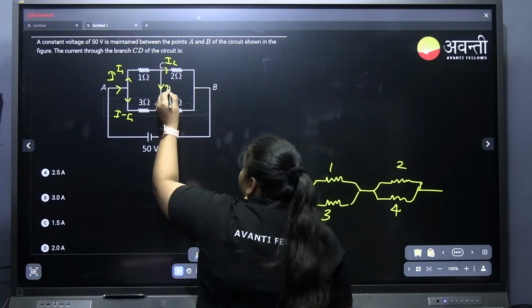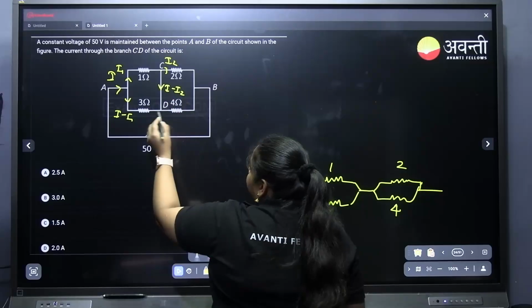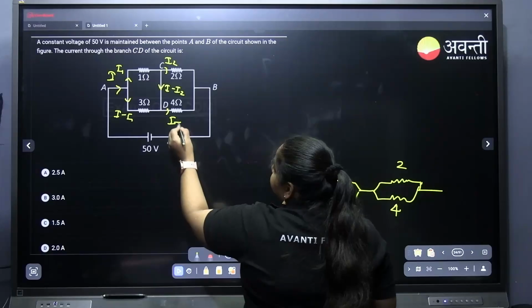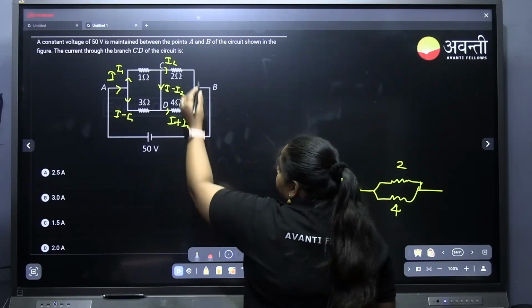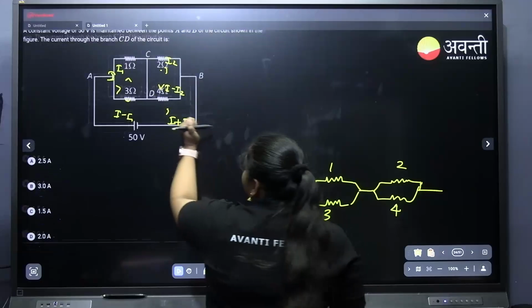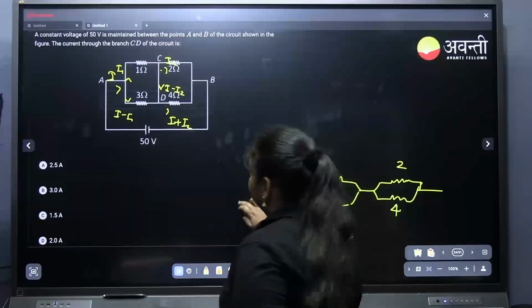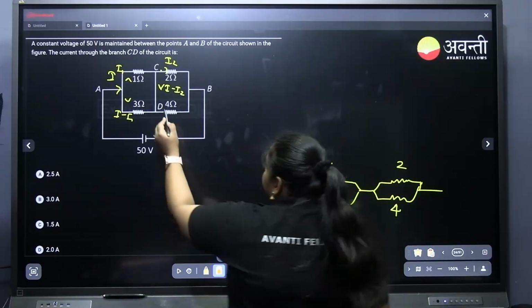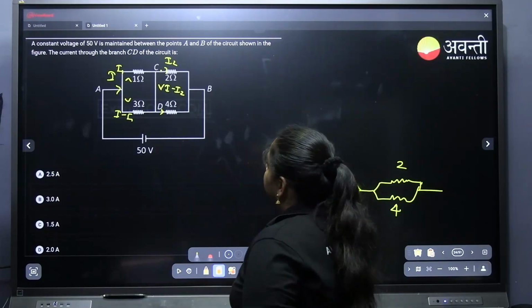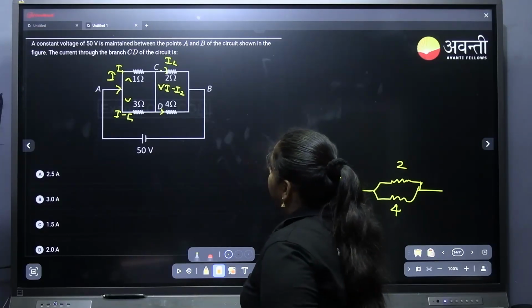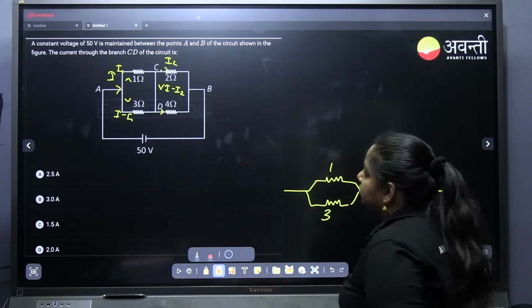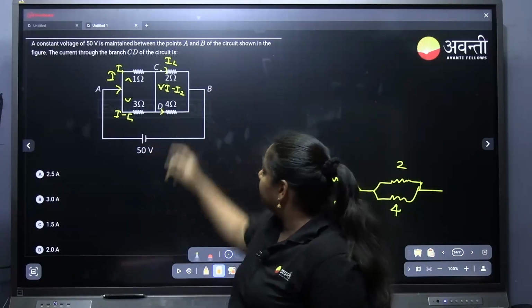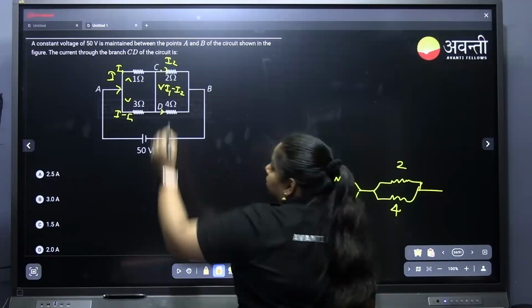Here it will be I1 minus I2, and through the other it will be I minus I1 plus I minus I2.